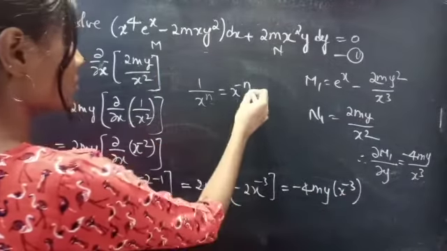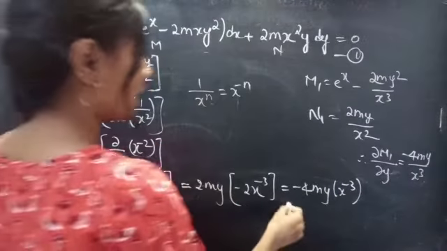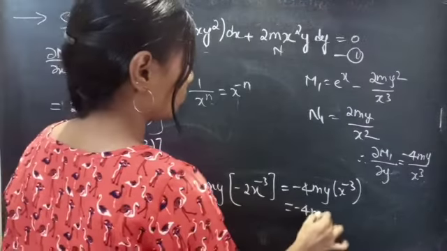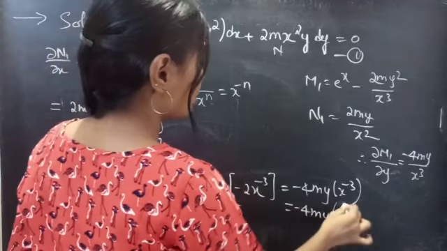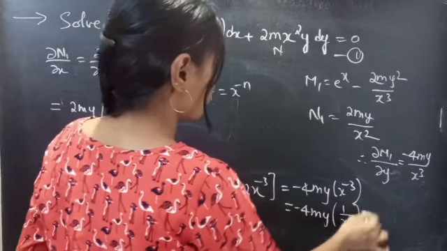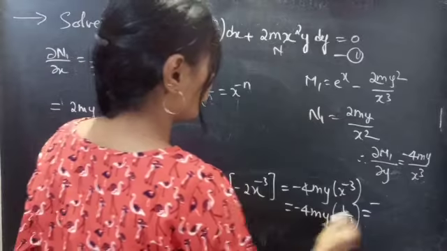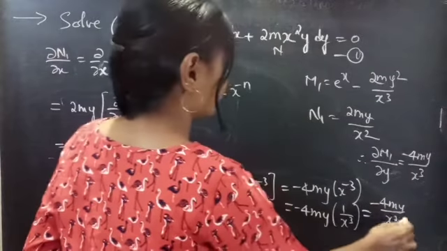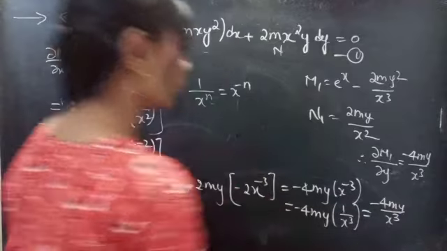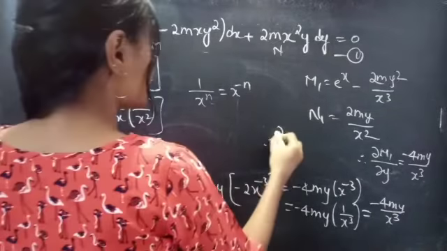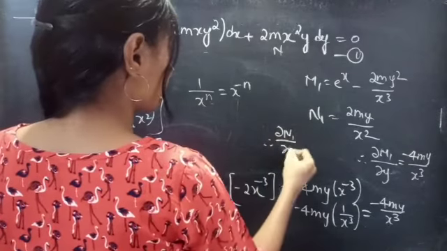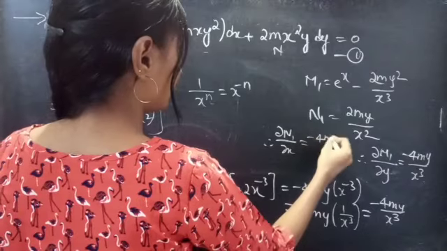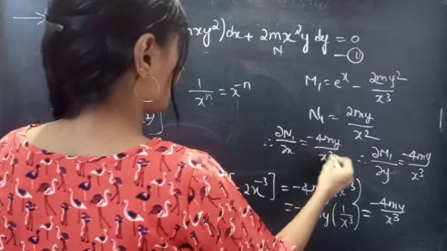Since x power minus n is 1 by x power n, you can write x power minus 3 as 1 by x cube, which is equal to minus 4my by x cube. Okay, therefore partial derivative of n1 with respect to x is minus 4my by x cube.